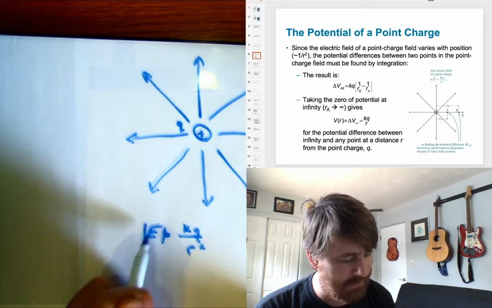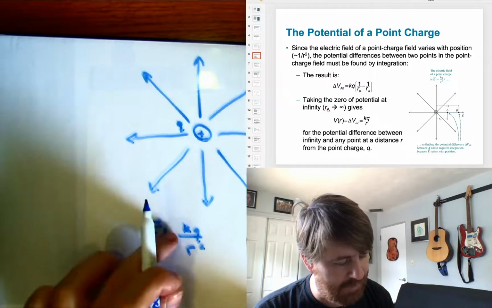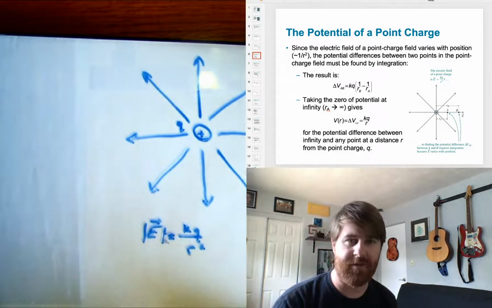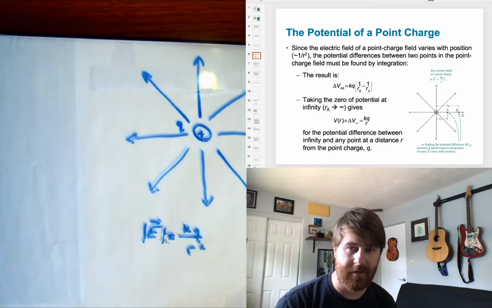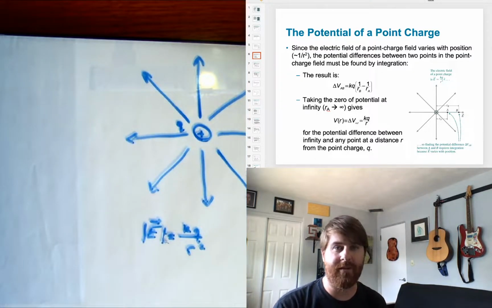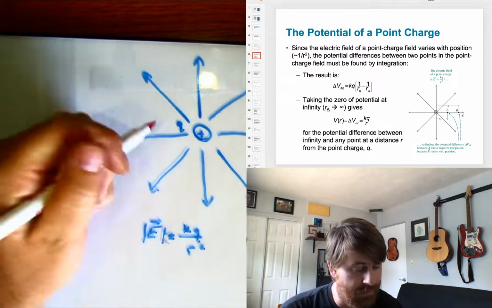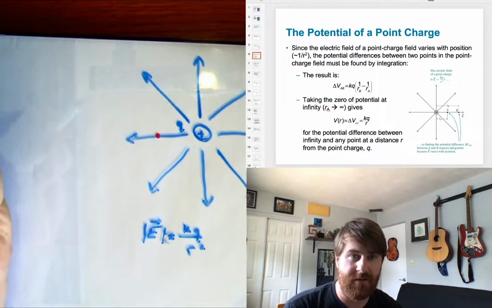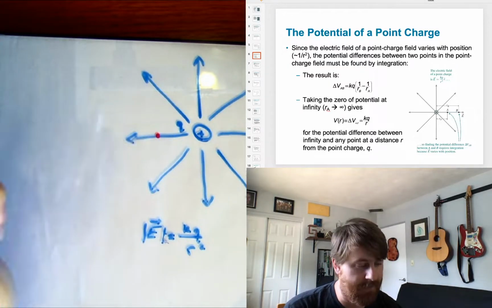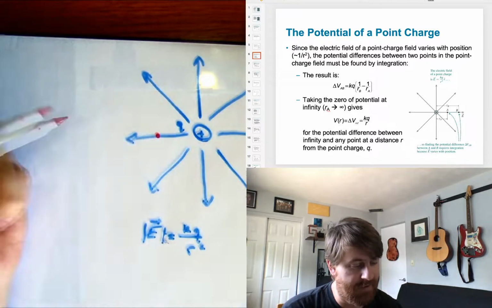It's the magnitude of the field. And it points radially away from the charge, right? Because the field is the force that would be present on a positive 1 coulomb charge. So that force would be away from the other positive charge.